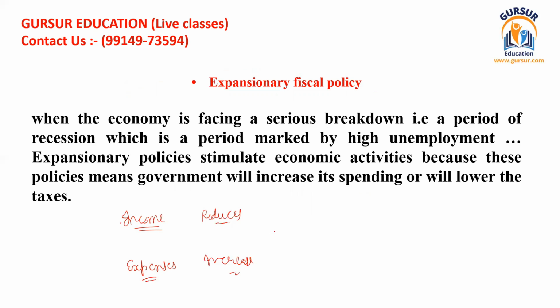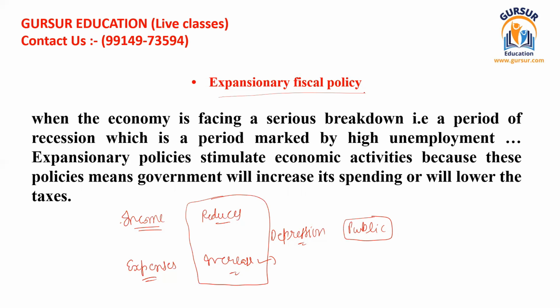When there is a period of depression in the country and the government increases its expenditure, more money shall be there with the public. If the public has more money, then unemployment can be tackled easily. Okay, so these are the systems which the government brings in case of expansionary fiscal policy. I hope you got the idea.